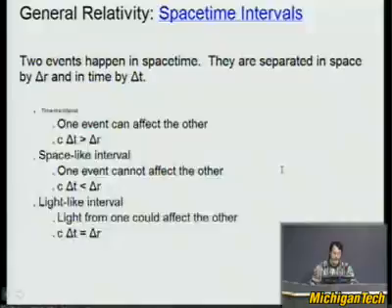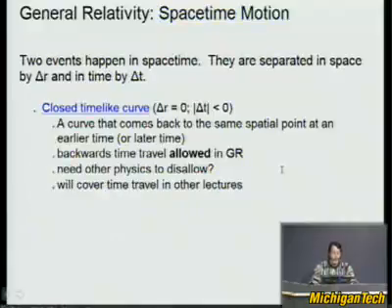Important concepts in general relativity. A really cool concept is something called a closed time-like curve, a curve that comes back to itself. Delta r is 0 here, and the absolute value of delta t is less than 0: a curve that comes back to the same point at an earlier time or even a later time. In general relativity, you can come back to the same point at a later time. We can do that here, that's not a problem. But general relativity allows that it's time reversed, it doesn't have a time direction.